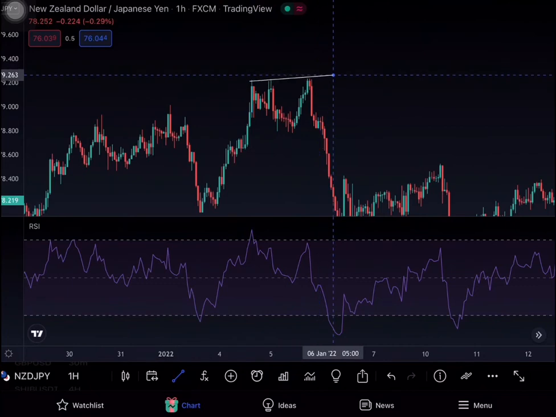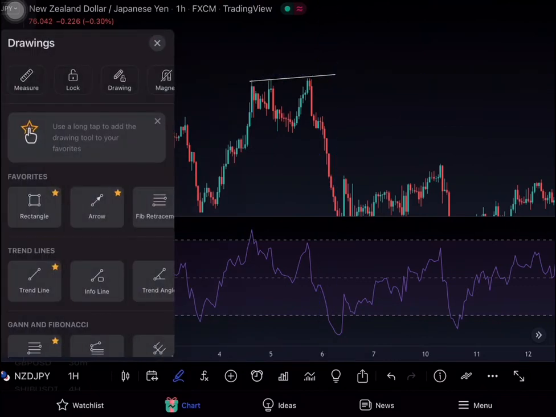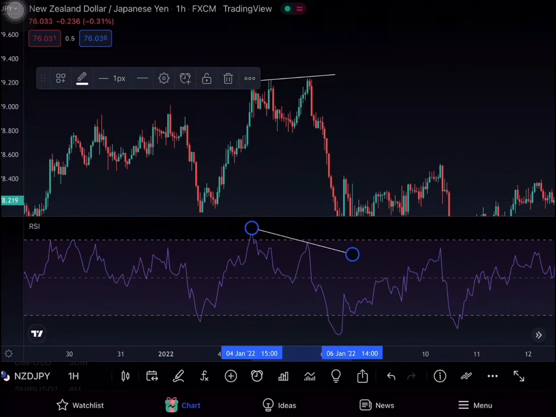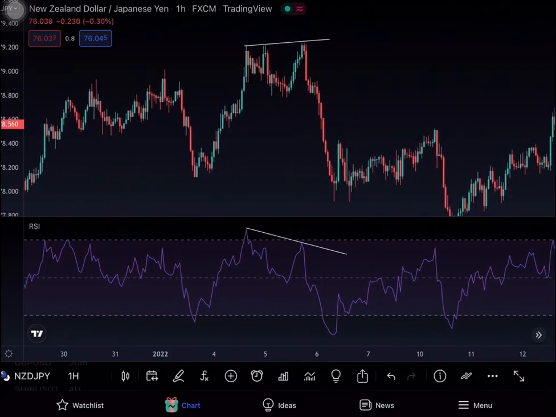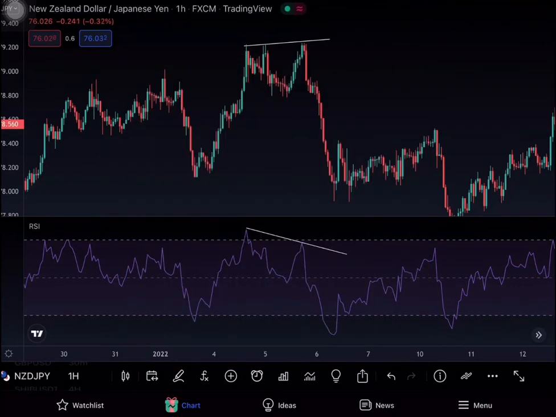That is a divergence. And when you mix the divergence with price action, with resistance and support areas, the strategy that you have is more powerful than every strategy in the market, okay?